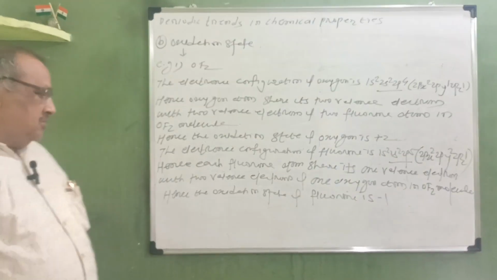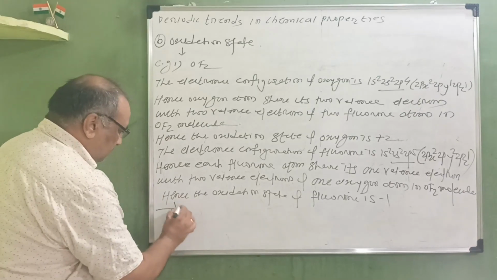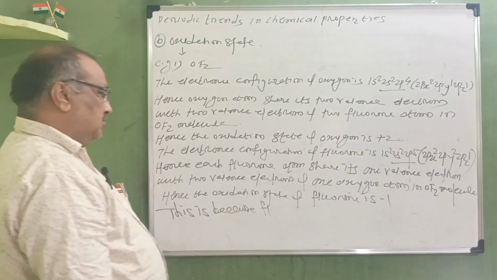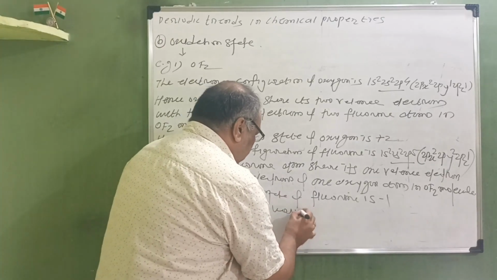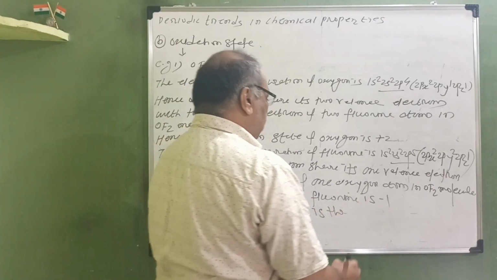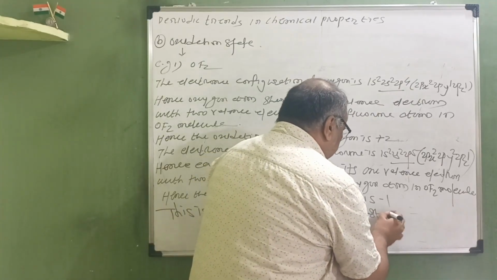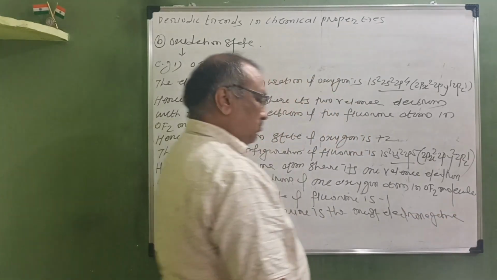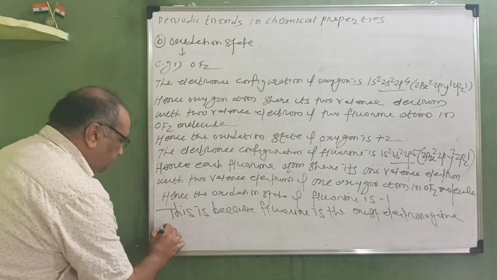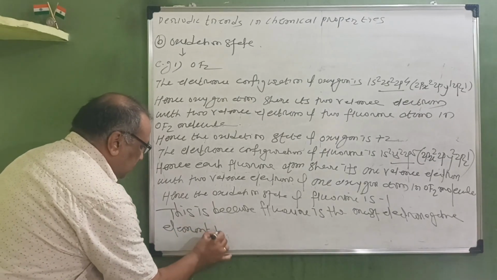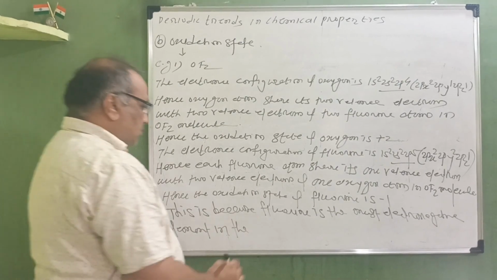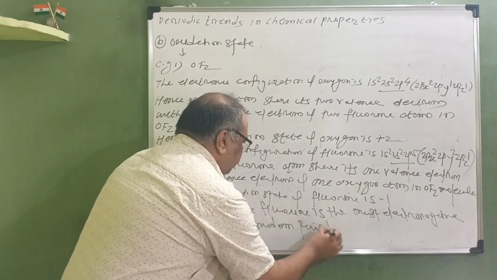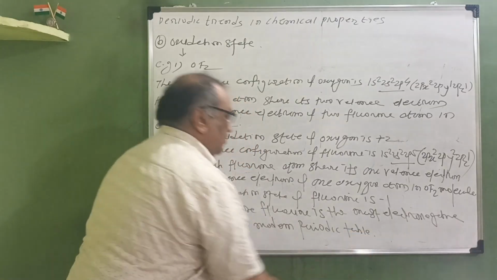This is because fluorine is the most electronegative element in the modern periodic table.